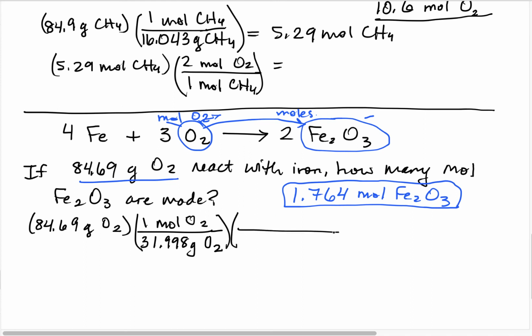So I'm going to put my molar relationship right here. 3 moles of O2 go to 2 moles of Fe2O3. And I can do this because I can see that all the units will cancel out. My grams of O2 cancel out with these grams. My moles of O2 cancel out with these moles. And I'm left with moles of iron oxide, which is what I want. So when you do this, you should get 1.764.